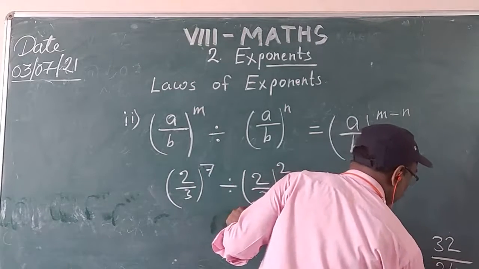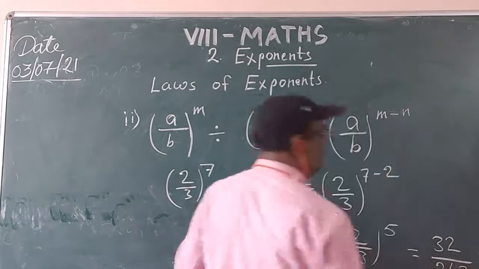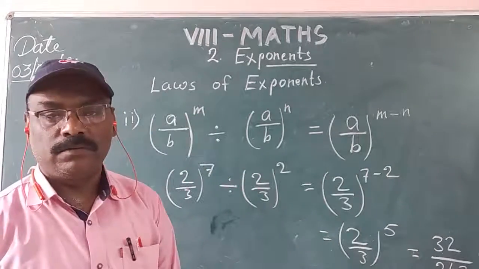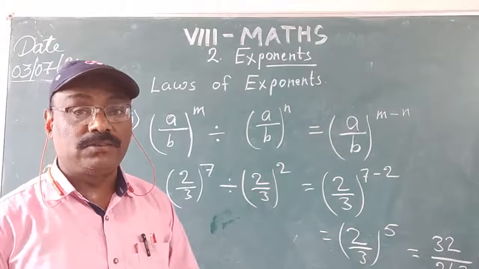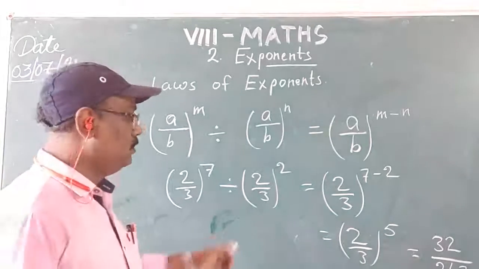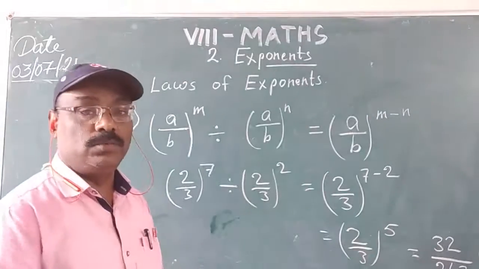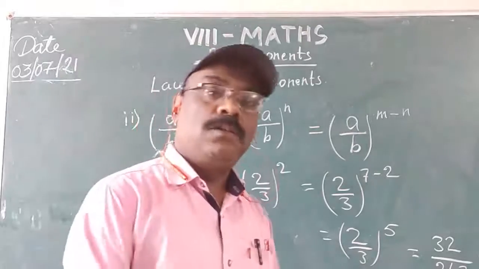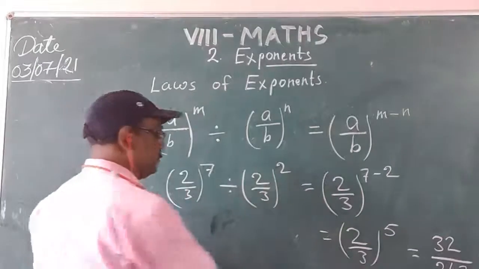So 32/243 will be our answer, if they ask us to write the answer in this way. So this was the second law of exponents.